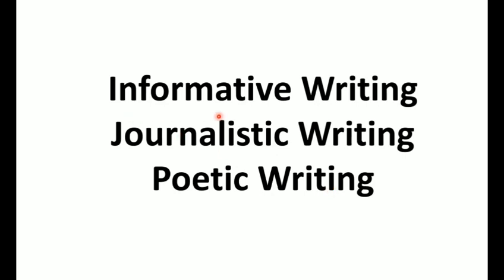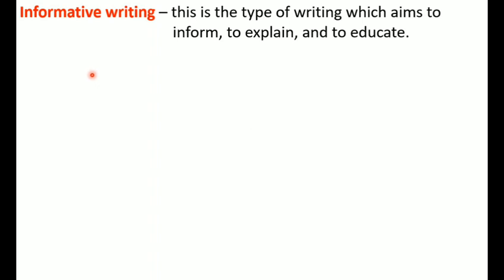By the way, what is informative writing? In this lesson, informative writing is the type of writing which aims to inform, to explain, and to educate. In other words, informative writing is used whenever you want to explain something, a procedure, or you want to describe an object, an idea, anything that is under informative writing.